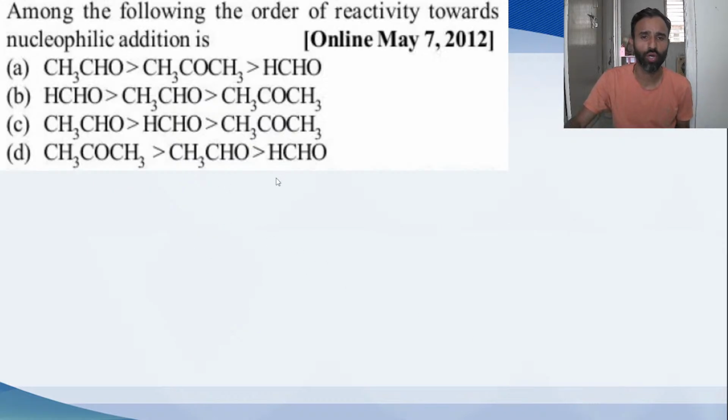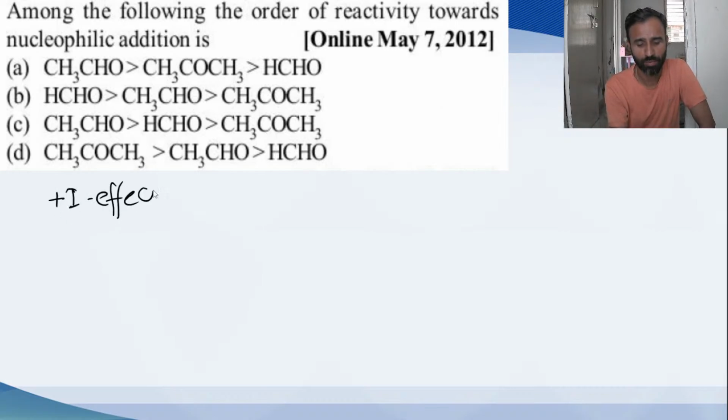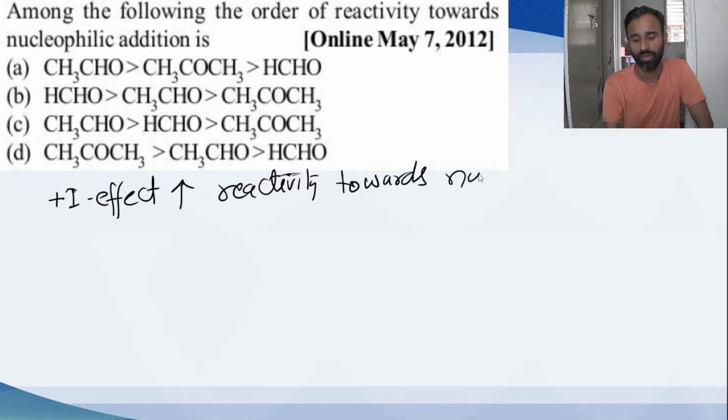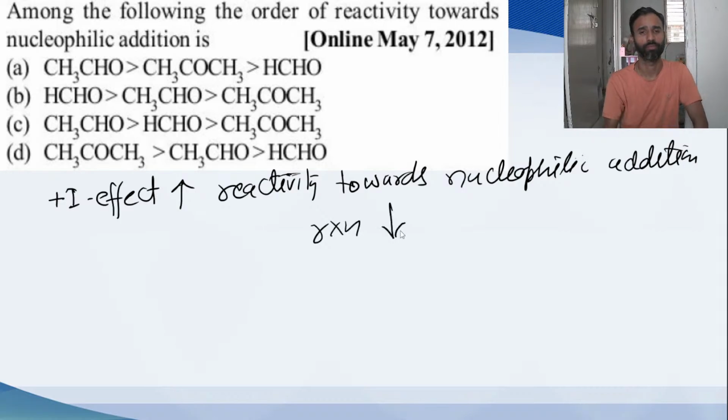Next, among the following, the order of reactivity towards nucleophilic addition is, as I said earlier, related to the plus I effect. As plus I effect increases, reactivity towards nucleophilic addition reaction decreases.